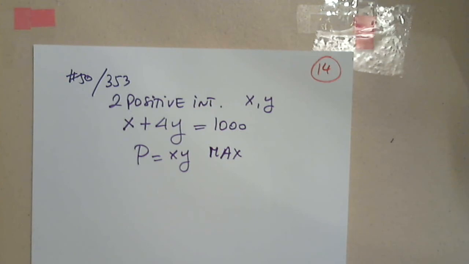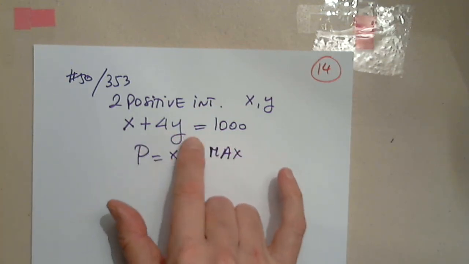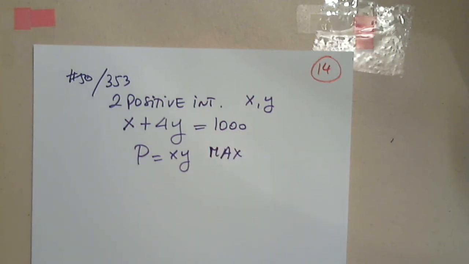So we are told to find two positive integers that are in this relationship that is given to us, such that their product is maximum.